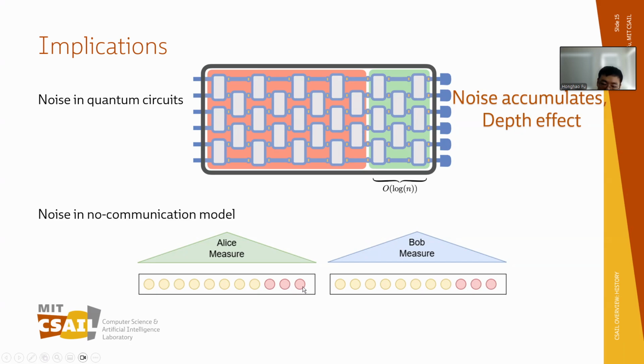So even if you add these qubits, you won't increase your winning probability by much. So in this sense, we have a width effect when we apply the depolarizing noise. And it doesn't have any depth effect. In fact, Alice and Bob's measurements can have arbitrary depth. There's no effect on that.